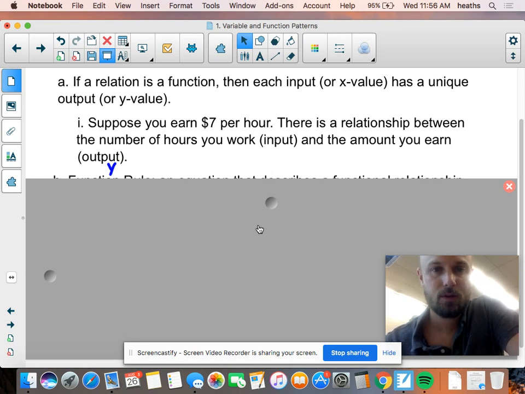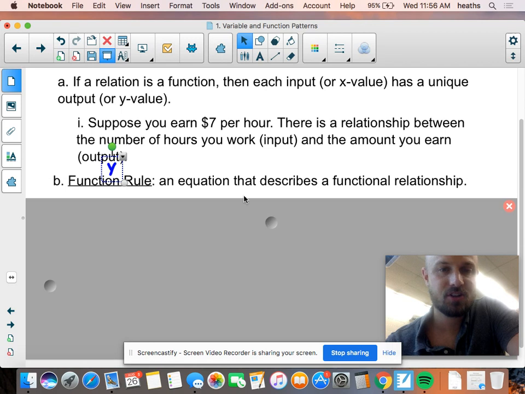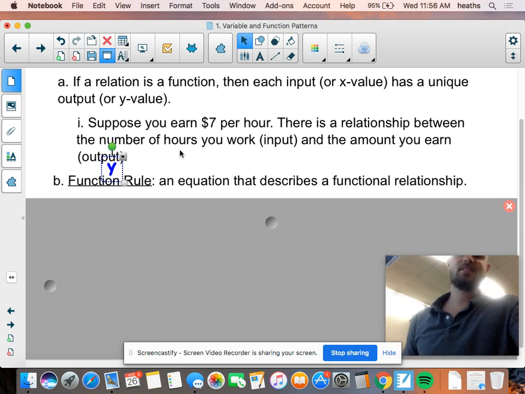All right. Okay, so a function rule is an equation that describes a functional relationship. Those examples I just showed you about $7 an hour times the number of hours gives you how much you've made in a day.